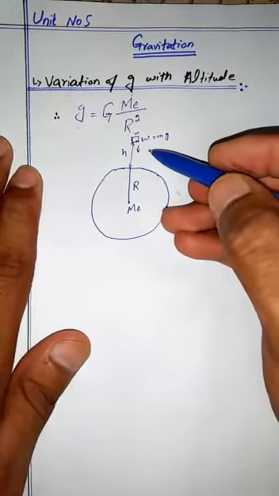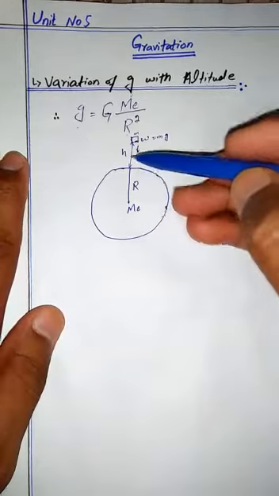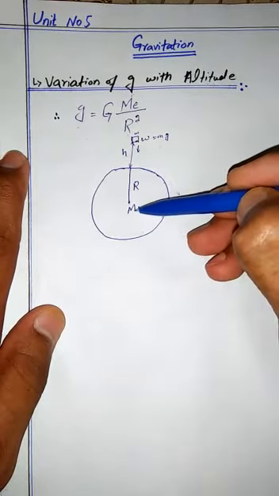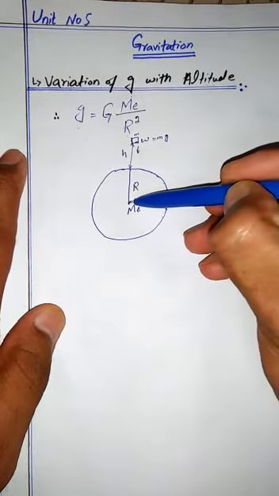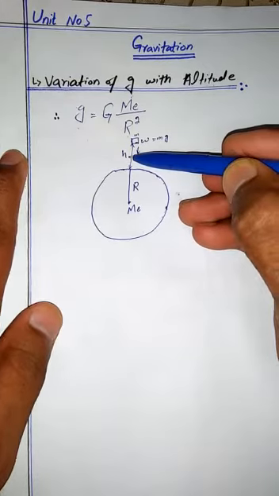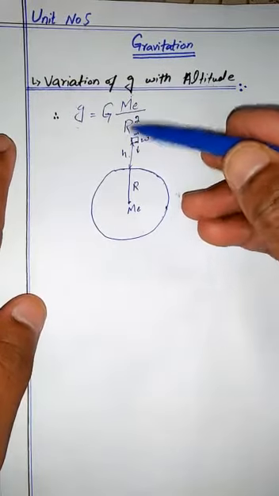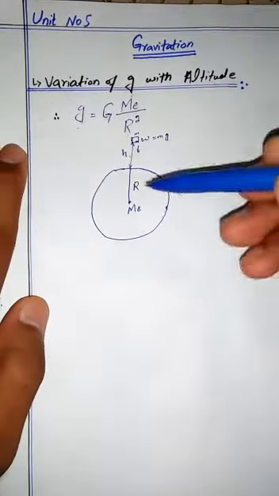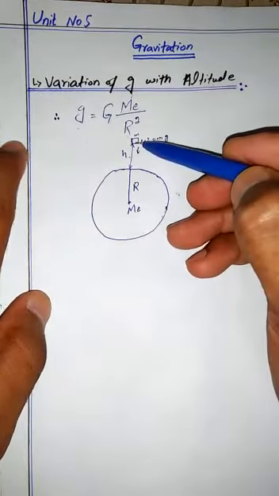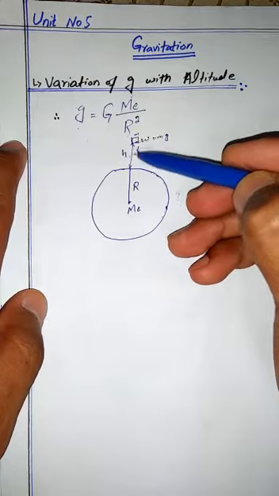Now let's come to the topic. The total distance between the center of the earth and the object is r plus h. Here I am explaining again. Consider a body of mass m at altitude h as shown in the figure.